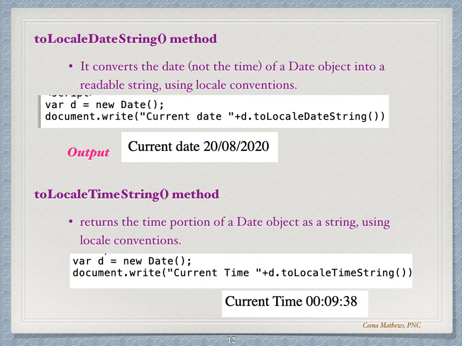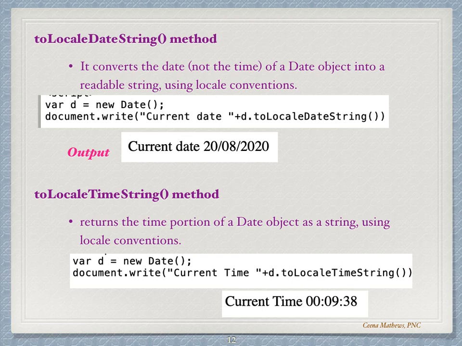And next methods that are used on the date object is the toLocaleDateString method. It converts only the date of a date object into a readable string using local conventions.